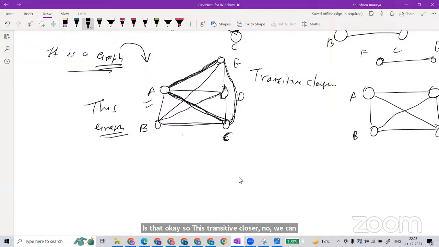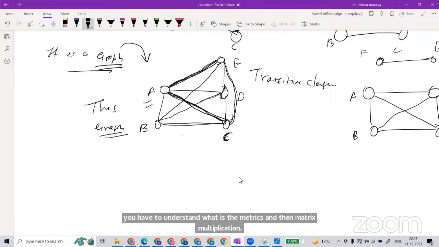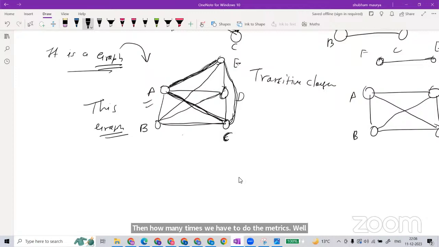How can we do that? First you have to understand what the matrix is, and then matrix multiplication. Then the number of times we do the matrix multiplication is going to give the transitive closure. So let me give an example here.